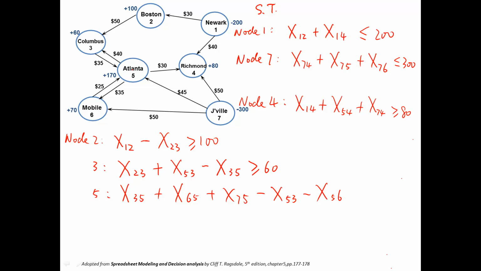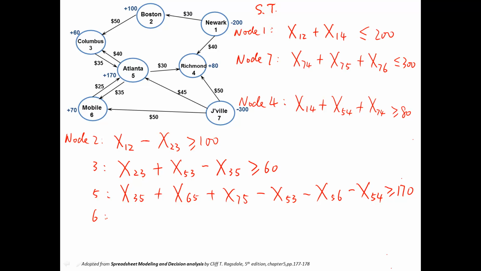Okay, what goes out, minus x54. So it has 3 inflows and 3 outflows. Need to be greater than or equal to, there's 170 here.